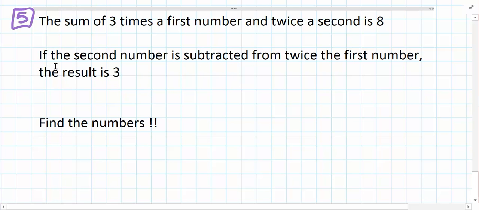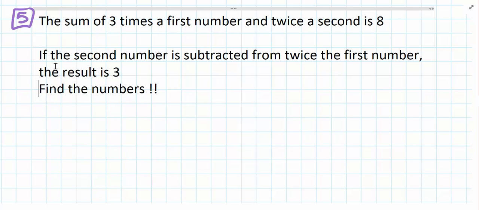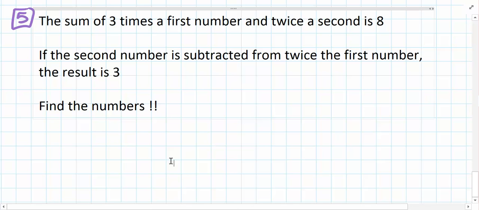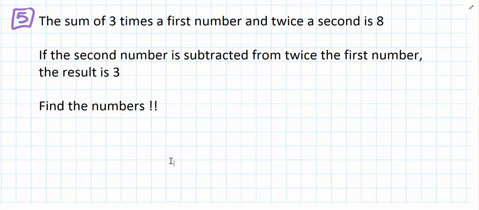So what's always the first step in trying to solve these problems? What do you do? Write the equation? You're on the right track, but before you can write the equation, what should you do first? We need variables, right? So let's define the variables.